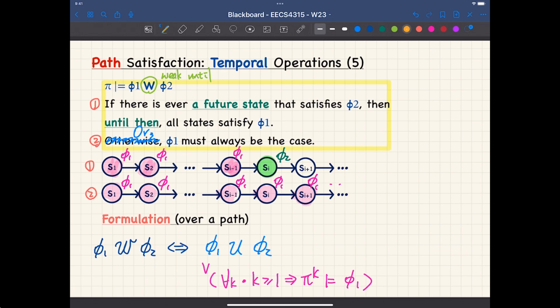So what you're suggesting is, because this one is really global, right? Yeah, that'll be okay. The text will somehow use universal quantifications. That's why I'm just following that. But it will be okay if you say phi 1 until phi 2 or global phi 1.